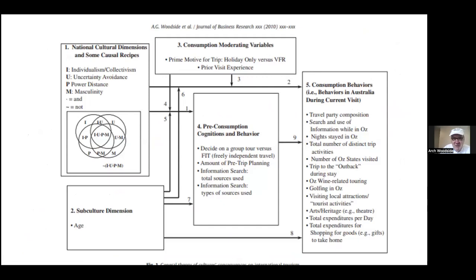And this is a tourism type of research, a general template using Hofstede cultural values of individualism, uncertainty avoidance, power distance, and masculinity. And we'll talk some more about that briefly in lesson 8.